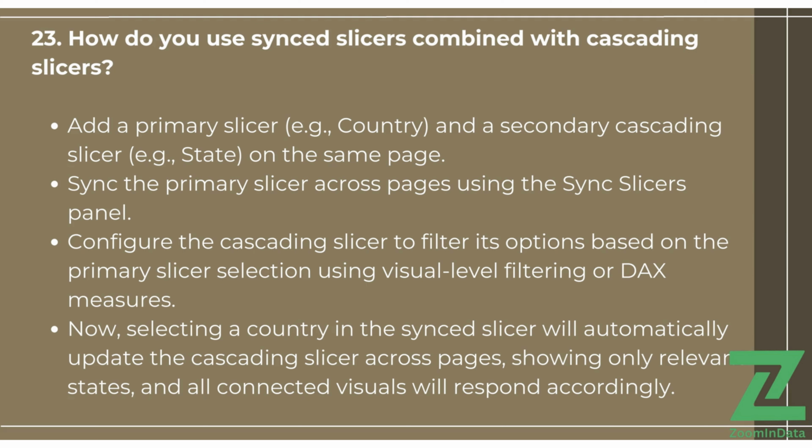Configure the cascading slicer to filter its options based on the primary slicer selection using visual-level filtering or DAX measures. Now, selecting a country in the synced slicer will automatically update the cascading slicer across pages, showing only relevant states, and all connected visuals will respond accordingly.